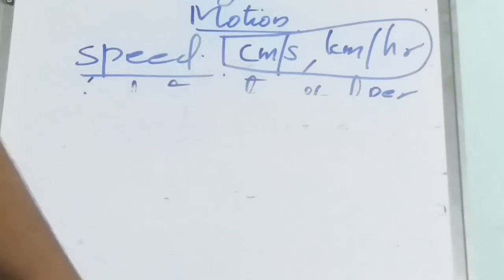But in non-uniform motion, the object does not cover equal distances in equal intervals of time. In this case, the speed is not a constant.